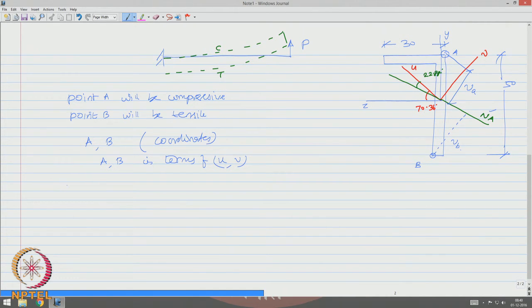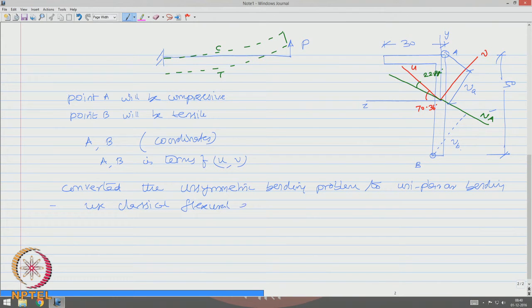So, we have converted the classical unsymmetric bending problem to a uniplanar bending problem, where I can now use the classical flexural equations. That is the advantage.